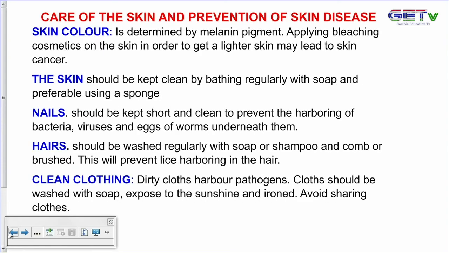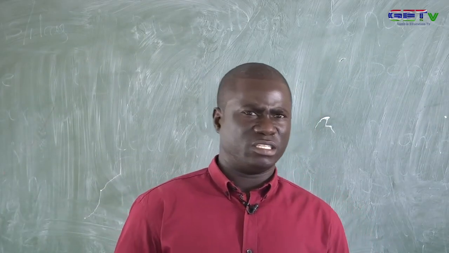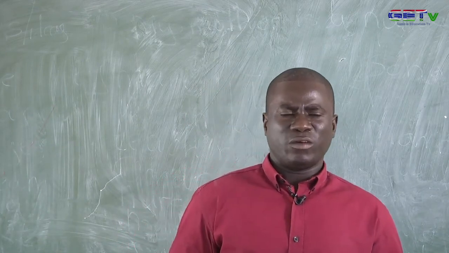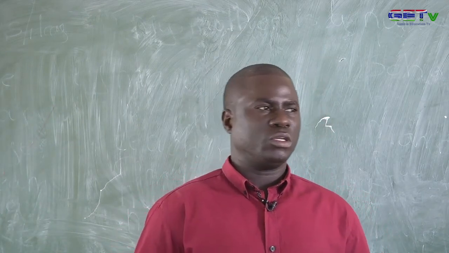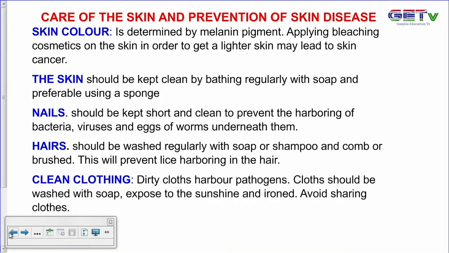So how do we care for our skin? Care of the skin and prevention of some of the skin diseases. How do you care for them? Our skin color is determined by what you call the melanin pigment.